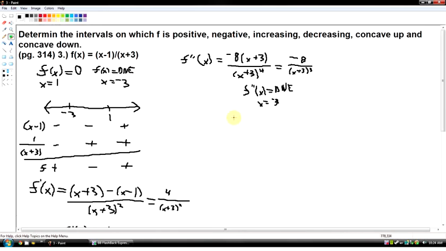Now let's do one more sign chart and determine where everything's concave up and concave down.